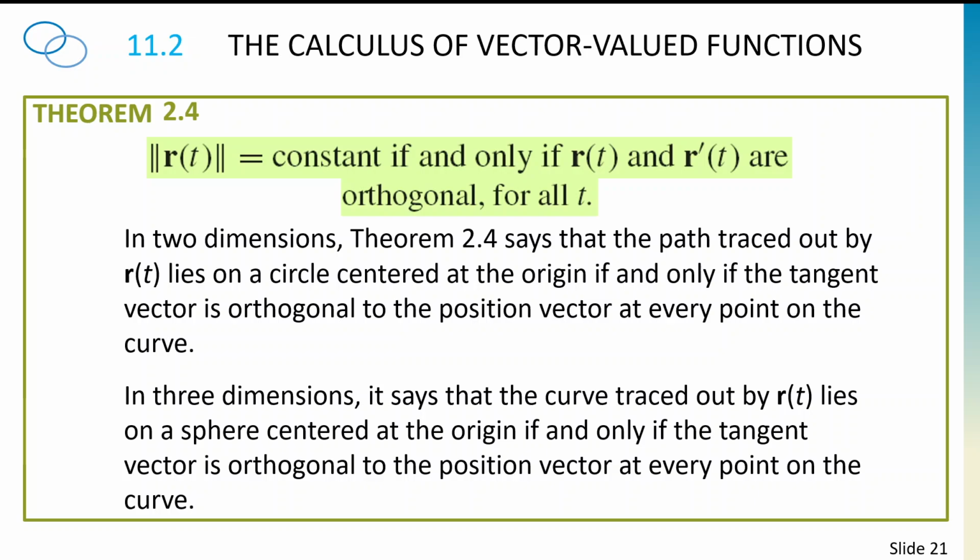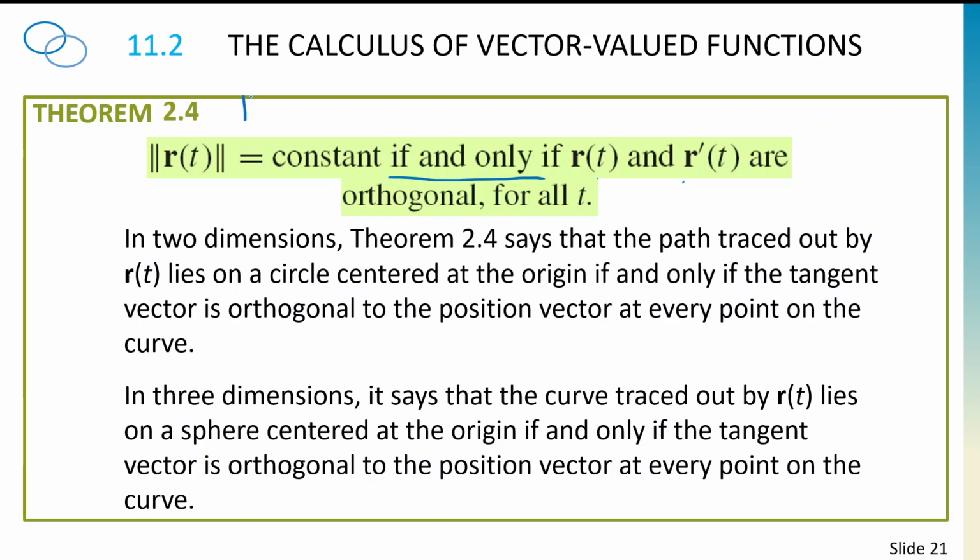Now we have one extra theorem which says what? That the magnitude, now remember it's a vector, we're still dealing with vectors. So the magnitude of r of t is equal to a constant value if and only if r of t and its derivative are orthogonal for all t.